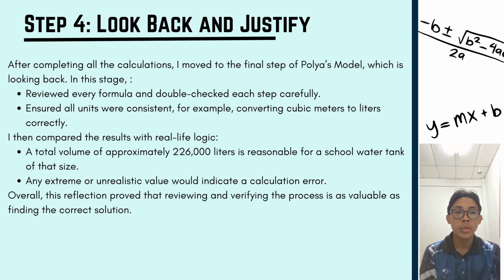If the number had been extremely high or even extremely low, it would have shown that I made a calculation error. This step helped me realize how important it is not just to find an answer, but to understand whether the answer is reasonable. It trains us to think critically and not to depend entirely on calculators.